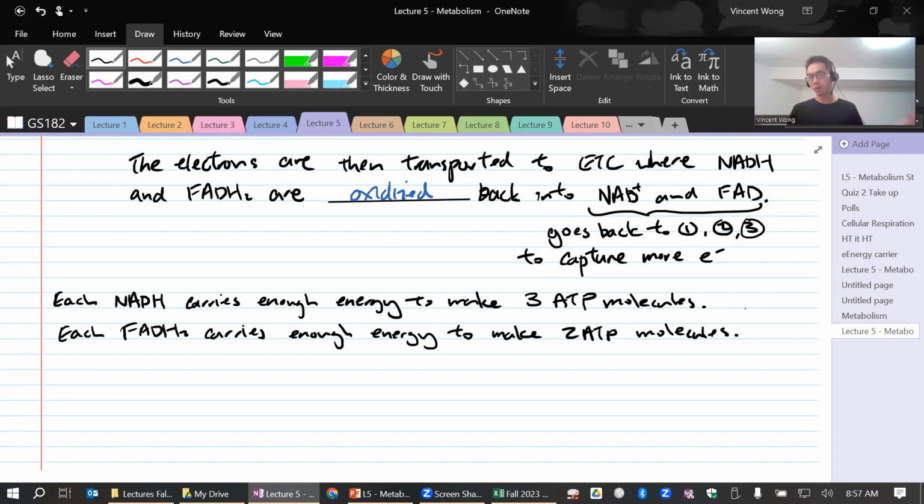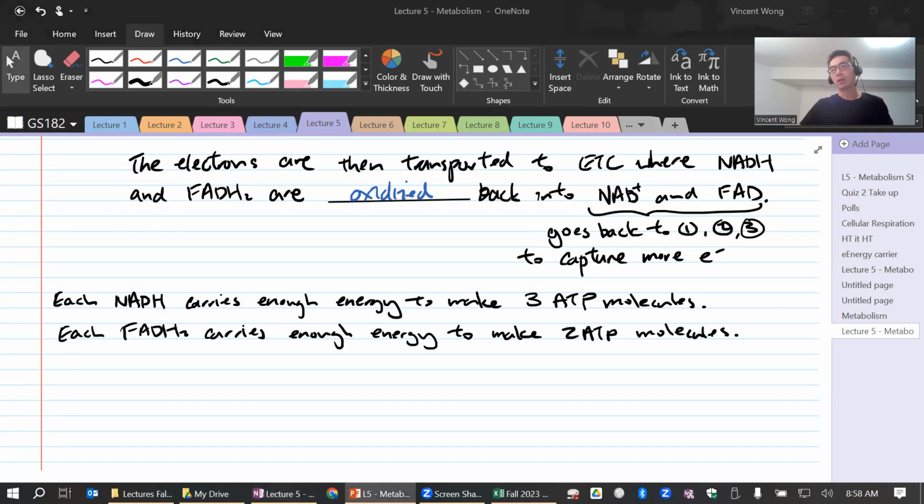That's because of the way that they're designed. So similarly, because of the structure of NADH and FADH2, even though they both capture electrons, one can hold more energy. NADH can produce up to 3 ATP, while the other one can only produce up to 2 ATP.